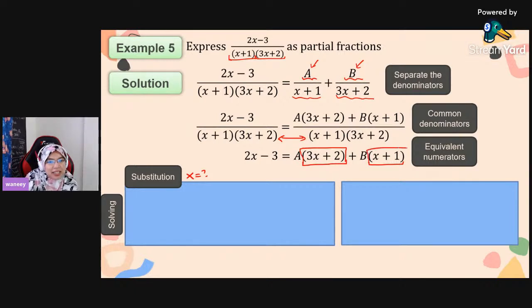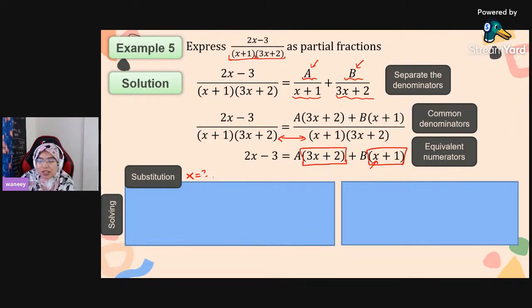Because if I substitute x with -1, then this one will become -1 plus 1, so it becomes 0. 0 times B becomes 0, so I am left with only A. That is the easiest way to do substitution.